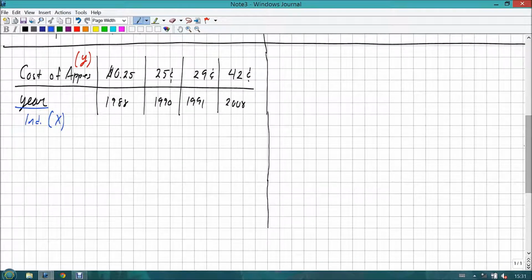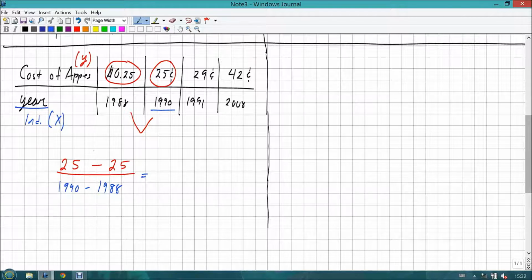I think we're going to look for the difference between 1988 and 1990, which would be our 1990 value, which is 25 cents, minus 1988's value, which is 25 cents. And we divide that by the change in our independent variable from 1990 to 1988.